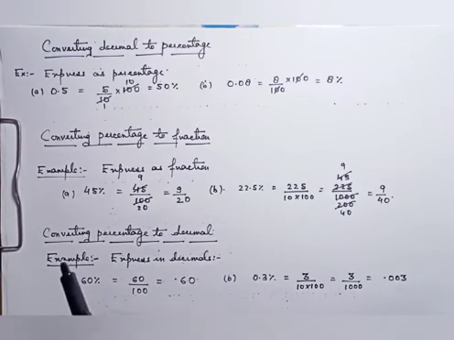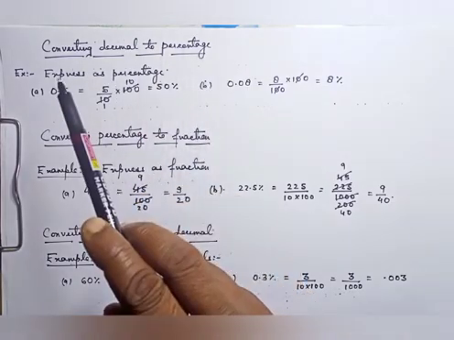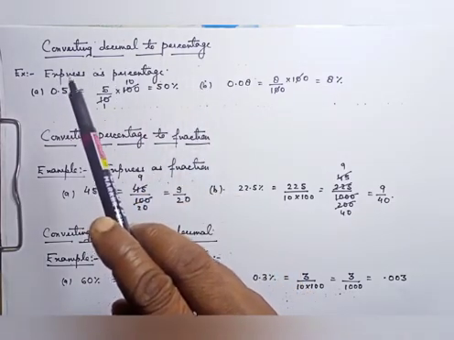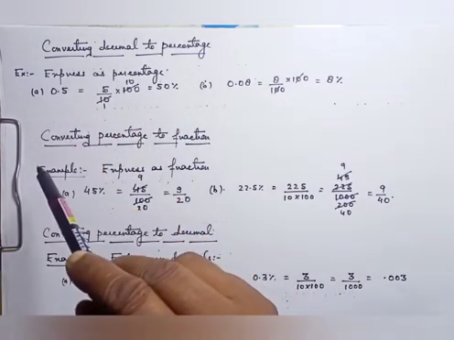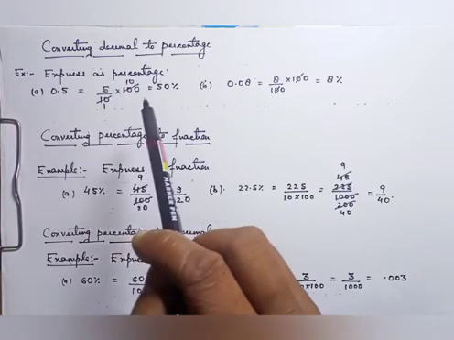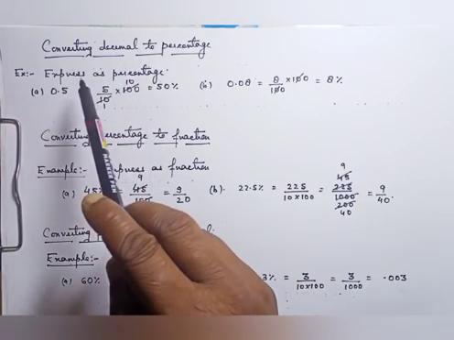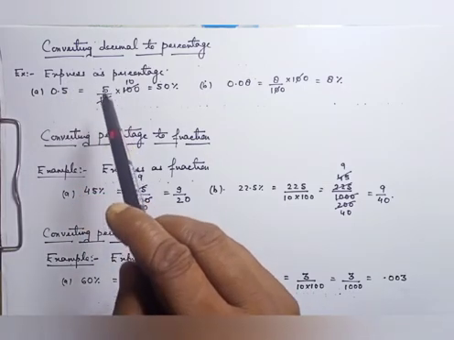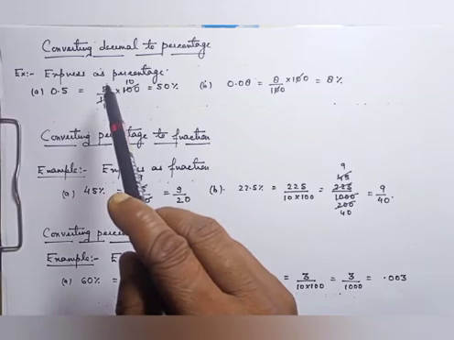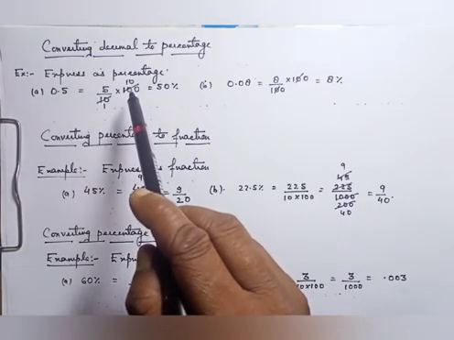Let us move to another topic, that is converting decimal to percentage. Let us see with the help of an example. Express as a percentage: 0.5. If I have to convert it into a percentage, the first thing we do is remove the decimal. So it can be written as 5 upon 10, and after writing the fraction we multiply the given fraction by 100.